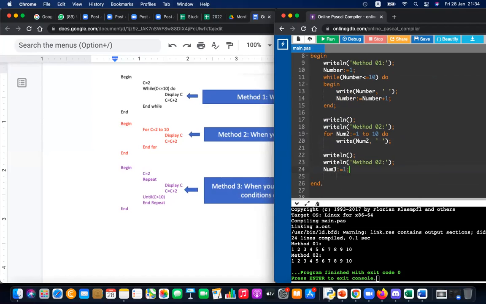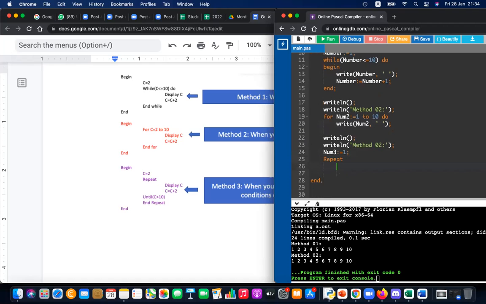This is similar to the while loop, more similar to the while loop. Then you can start repeating. Write num3 without checking anything, and then only you increment.